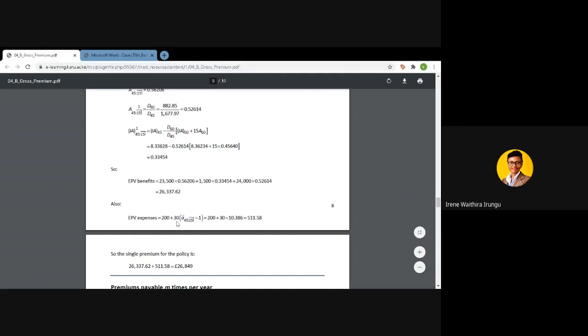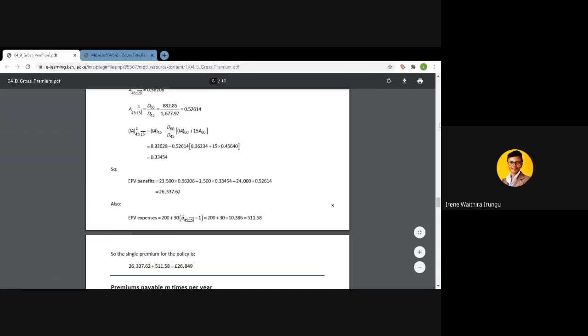The renewal expenses will only be for the 15-year period. So we need to have this, but we need to subtract the first year because the renewal is excluding the first. So this is now the expression for the EPV of the expenses.